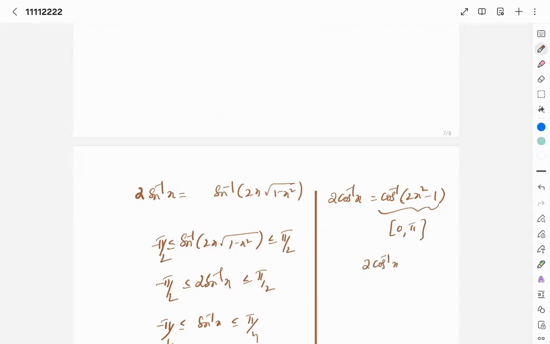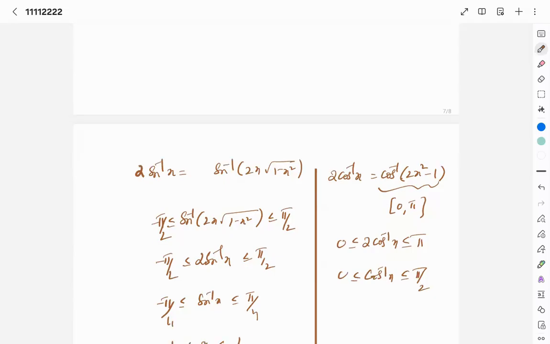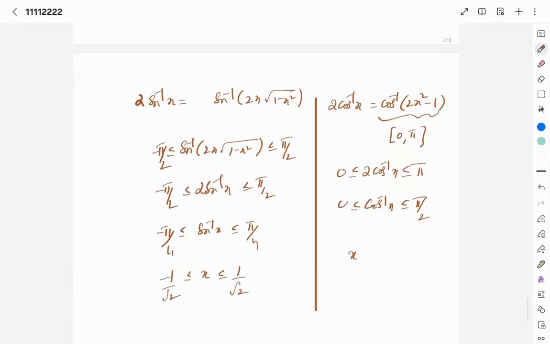Yes, now you are answering. Cos inverse x must lie between 0 and pi by 2. Then x lies between, it's a decreasing function. X lies between 0 to 1, it is true.